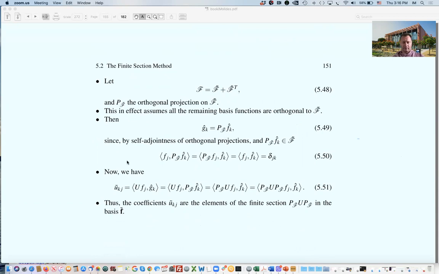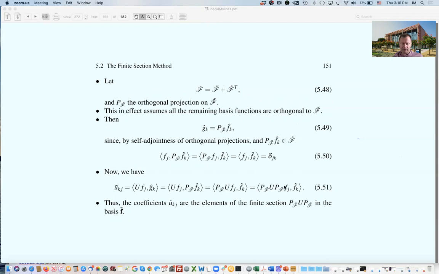And so now the K_kj coefficient here in the finite section are obtained as U f_j, g_k. If I replace g_k hat with P_F f_k hat, and then self-adjointly push to this side, I see that this K_kj element is really just the action of this projection, Koopman operator, projection acting on f_j.